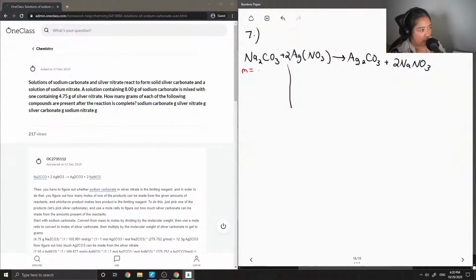The mass of sodium carbonate is 8 grams. Its molar mass is 106 grams per mole. And then if we were to calculate this, find the number of moles, it would only be around 0.075 moles.